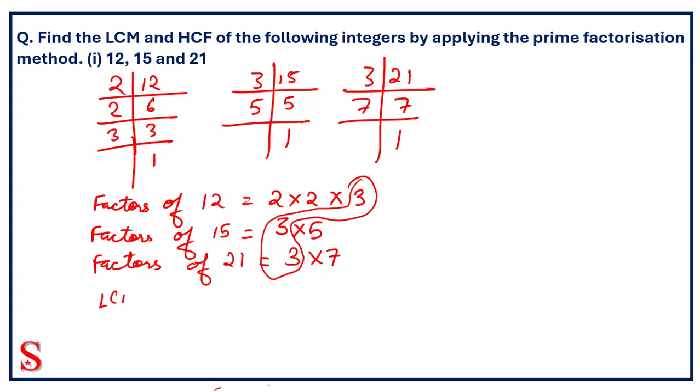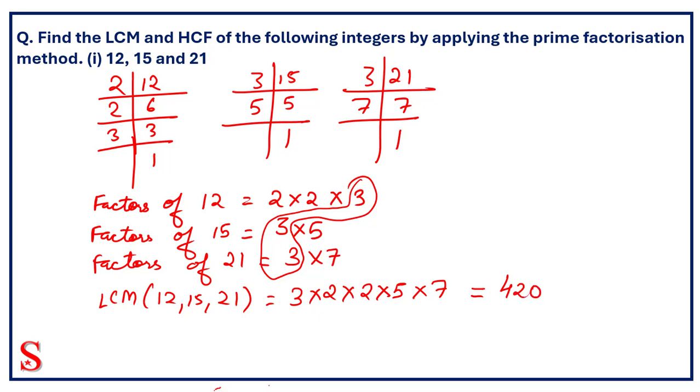Hence LCM of 12, 15 and 21 would be the common factor and then the leftovers, which is 420. And now we have to find out the HCF. So HCF of 12, 15, 21 is the common factor, which is 3.